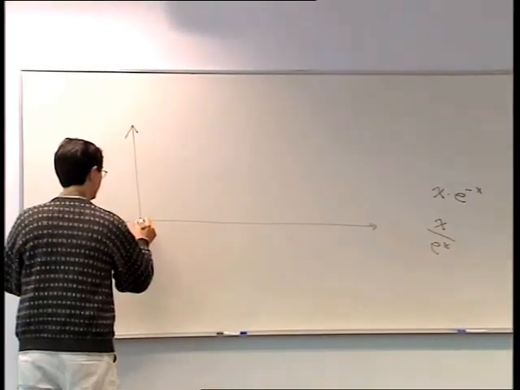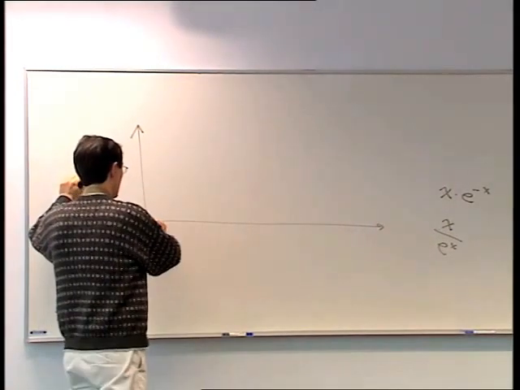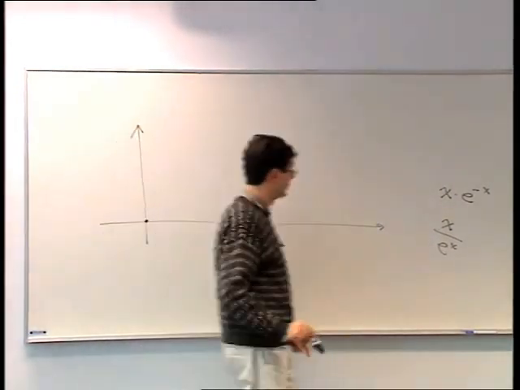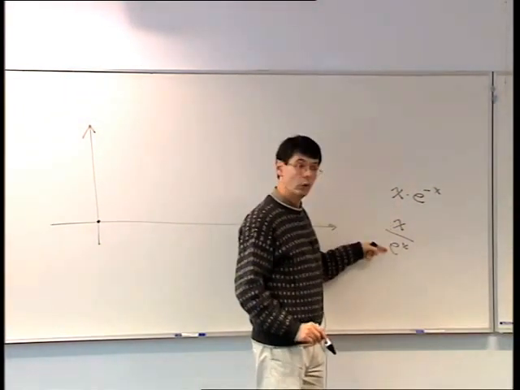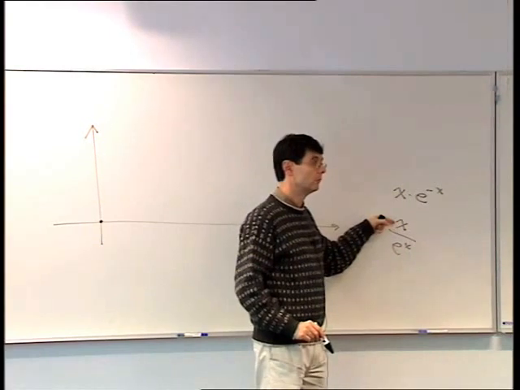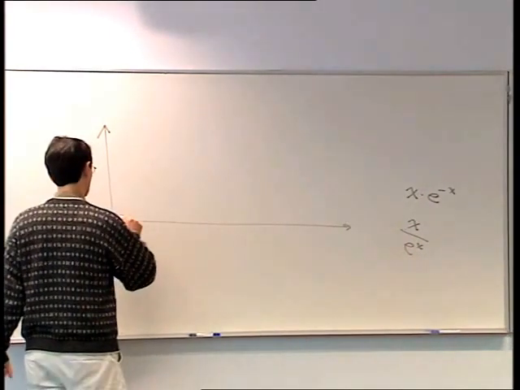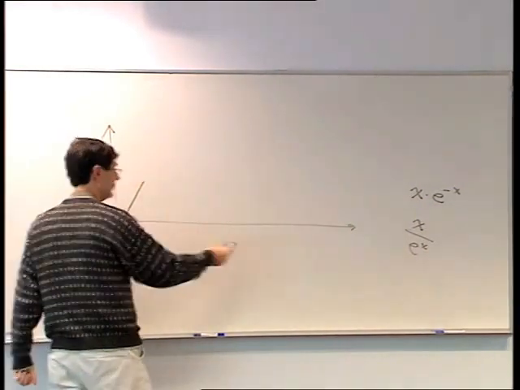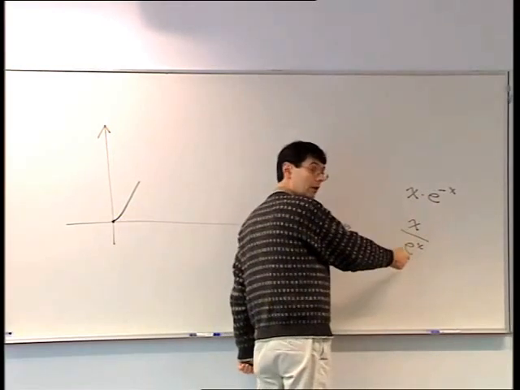So you start here. When x becomes more and more positive, this grows. Okay? Becomes positive, so it grows. But eventually, when x becomes very, very large, we know this is going to be becoming 0.